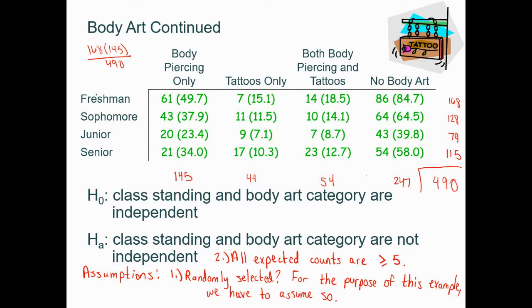So what I would do is just reproduce the table on your assignment, and then do like we did here in parentheses, just put your expected counts.